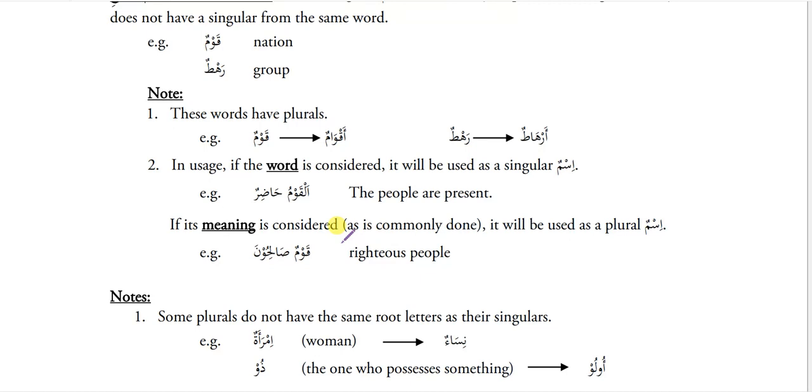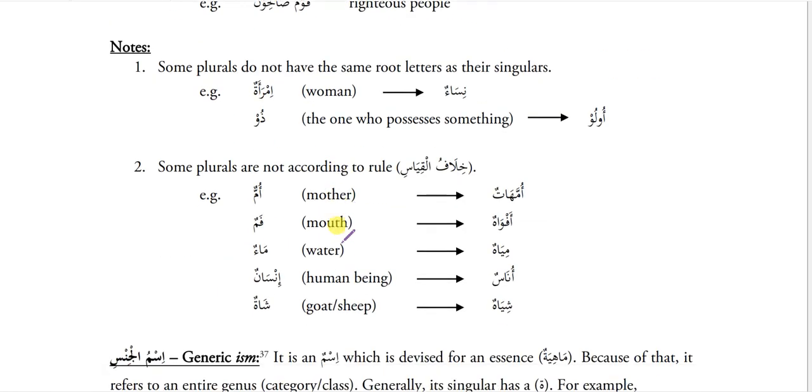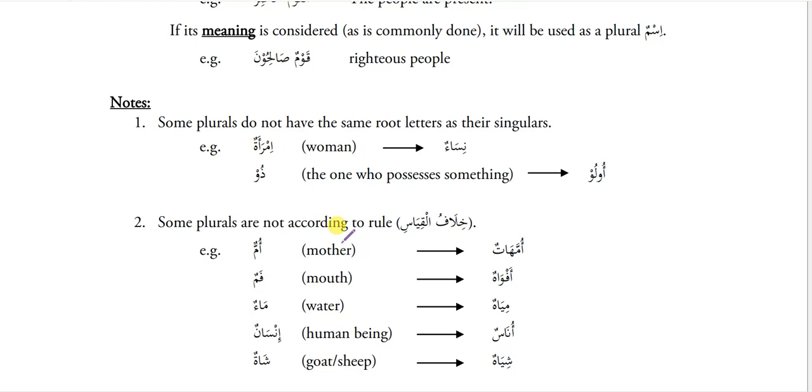They can be treated as wahid and they can be treated as jama. So if these words become mawsuf, you can use the sifat as wahid as well as jama, like qawmun salihun or qawmun salihuna, both are right.